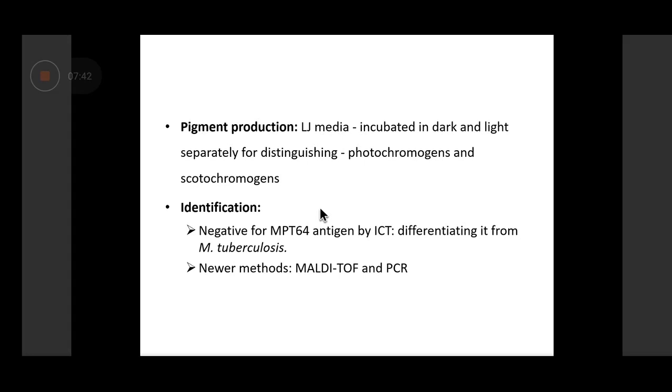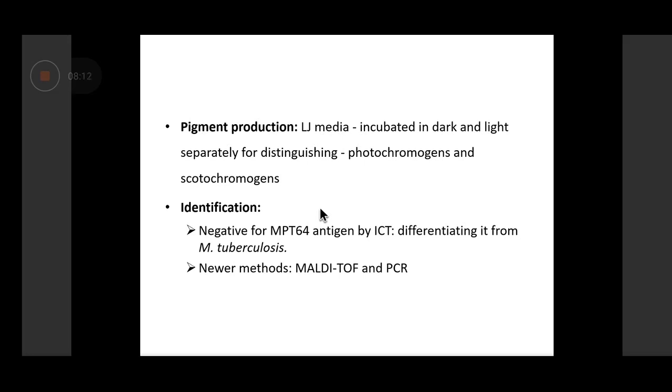The patient may be having tuberculosis, or it may be NTM also, because as I told you, there are NTM species which can cause pulmonary infection as well. Sometimes the clinical symptoms and X-rays overlap. For that, what will we do? We will do culture. So we will look for NTM as well, whether it is producing any pigment or not.